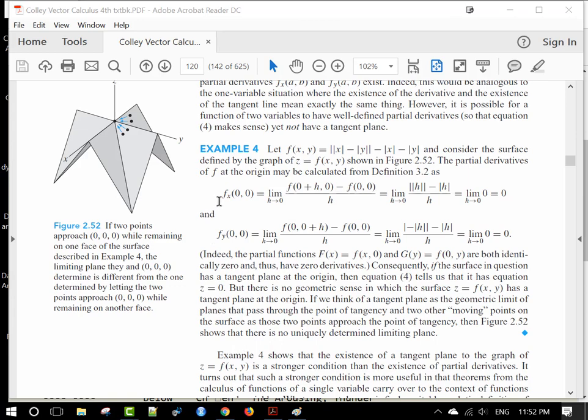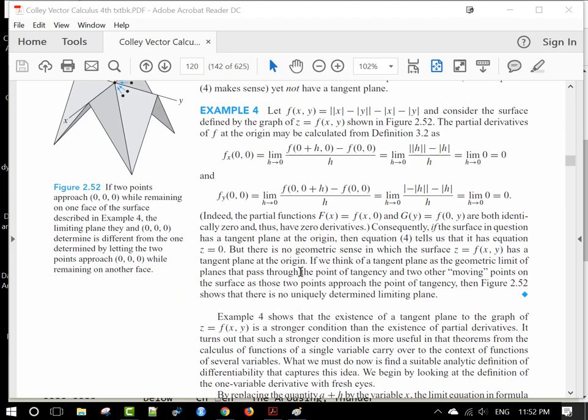Now down here she says that this example shows that the existence of a tangent plane is a stronger condition than the existence of the partial derivatives. So if you have a tangent plane, you do have the existence of partial derivatives, but not vice versa.